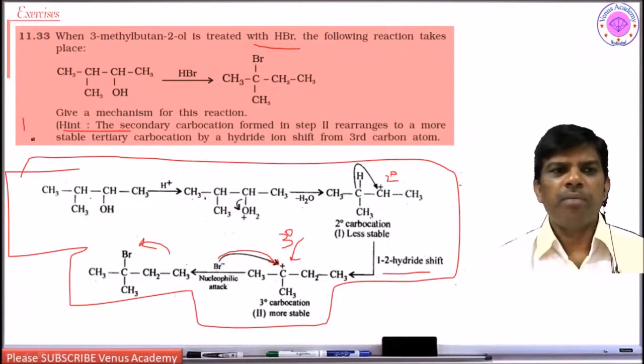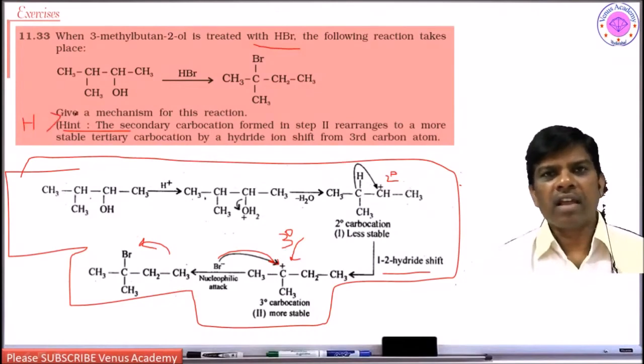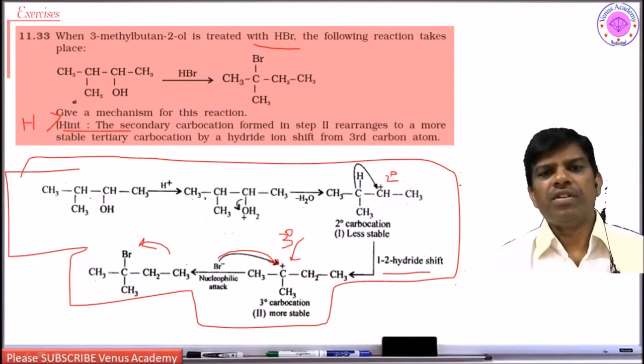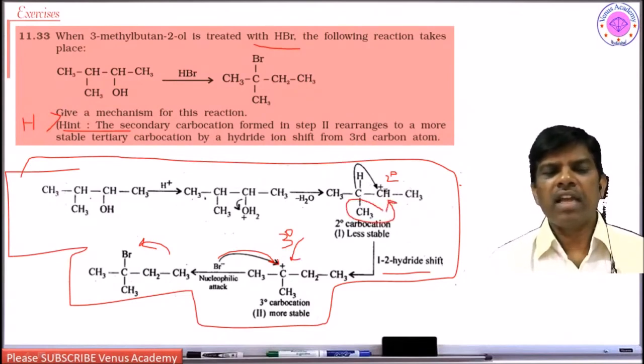Always, migratory aptitude is highest for hydrogen, followed by other groups, for example benzyl, allyl or alkyl groups. So give priority to the hydrogen shift. Don't shift the methyl group. Even if you shift this methyl group, you will get the same type of secondary carbocation, so that is not the way. Migrate this hydrogen to the carbocation to get this product.